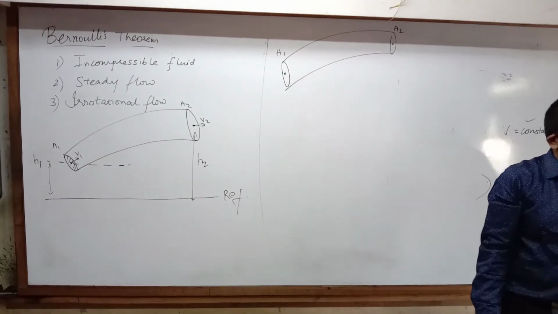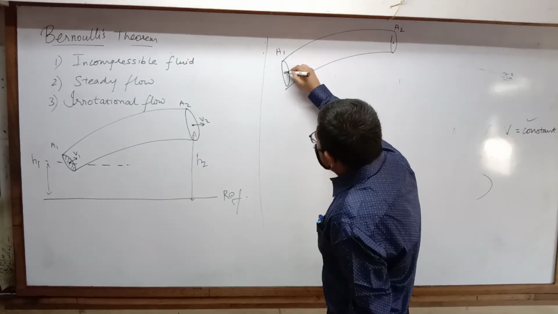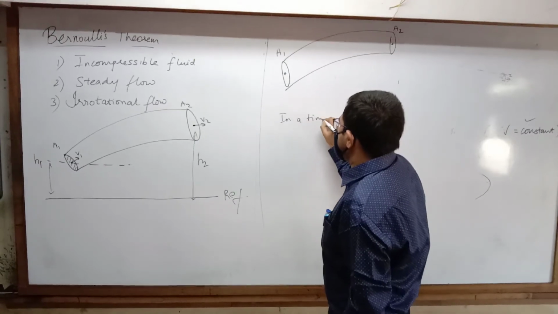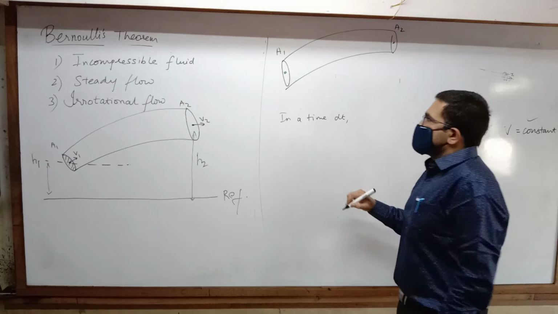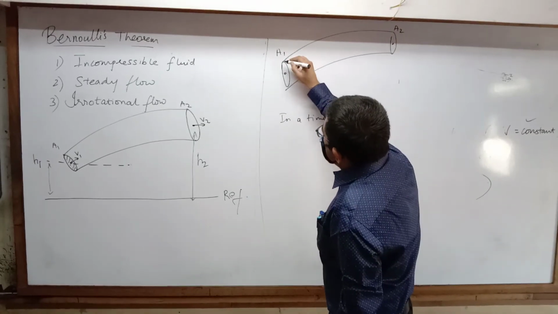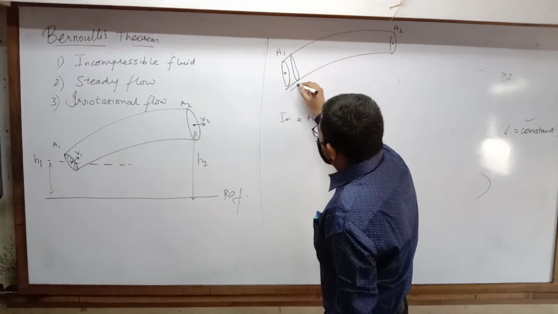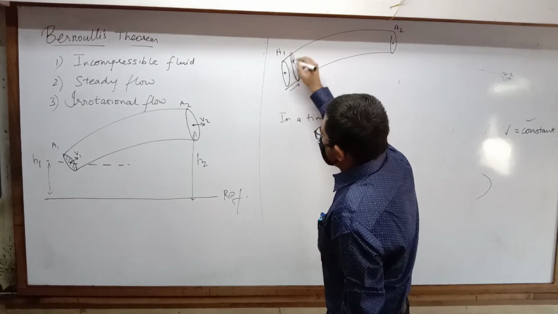Okay. Now, suppose here, because the speed is v1, in a time dt, the fluid will move from this part to this part, or this circle to this circle.